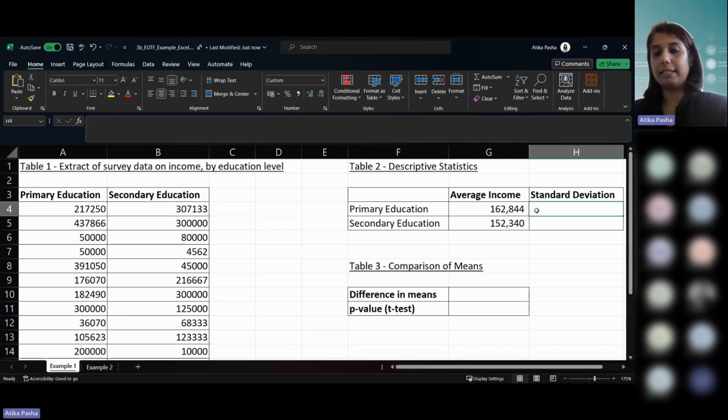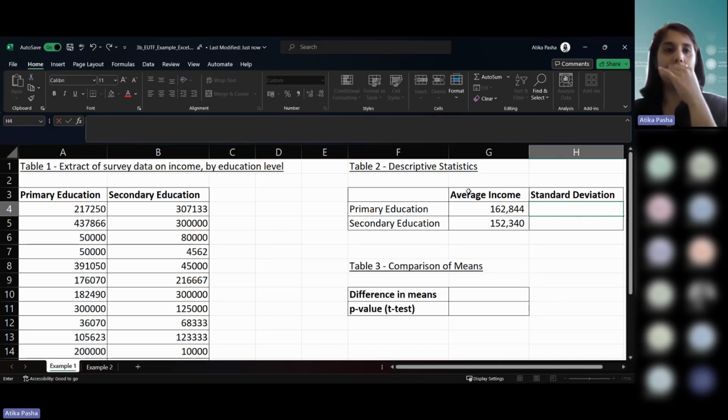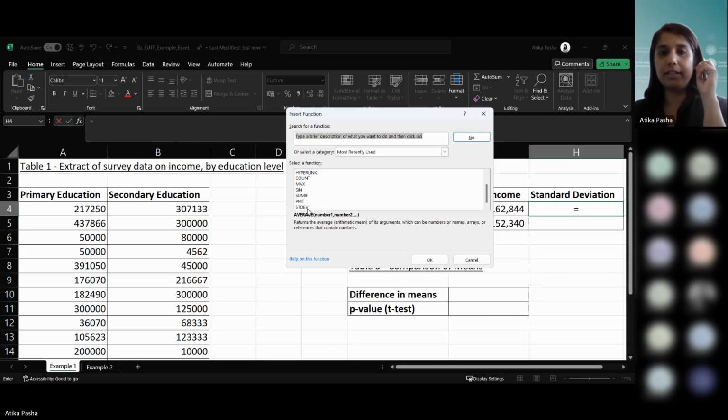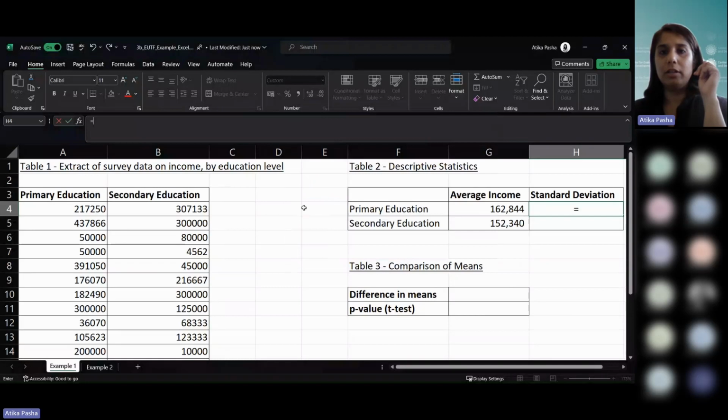Then we try to calculate the standard deviation. Again, there's a formula for this. Sorry, I always keep doing it the way I do it, but here we're interested in calculating the standard deviation. Simply double click on this, and then do the same for those who have primary education.